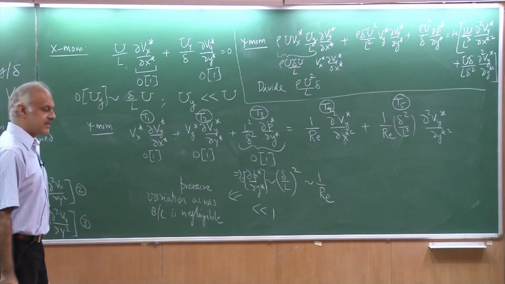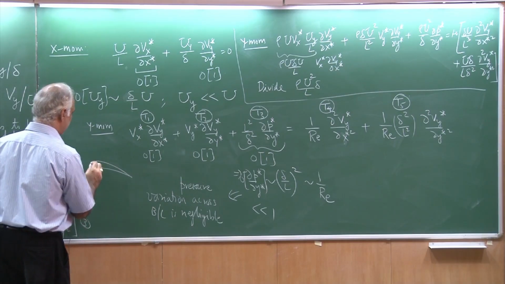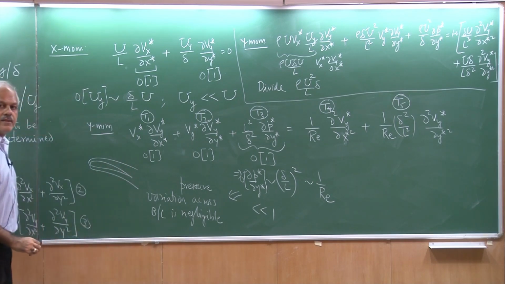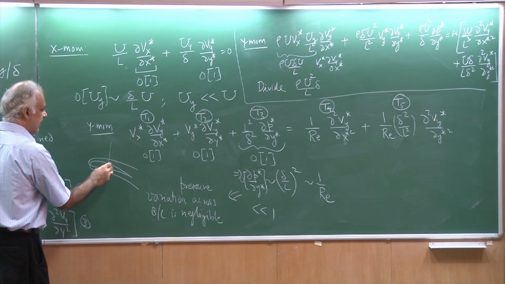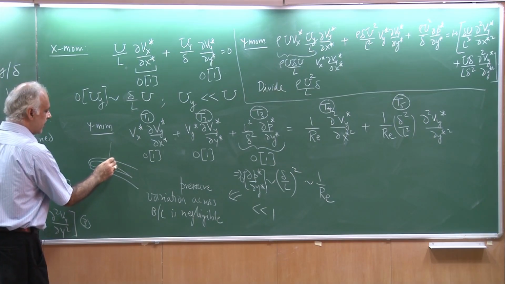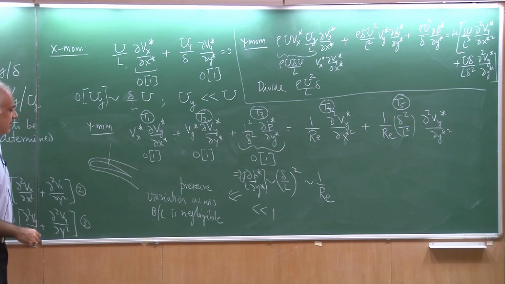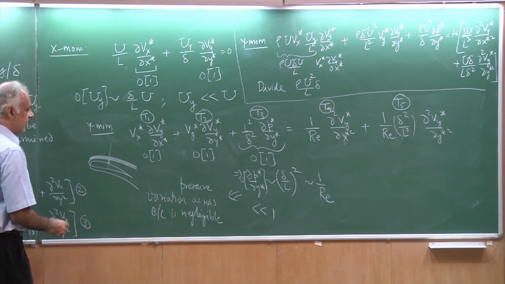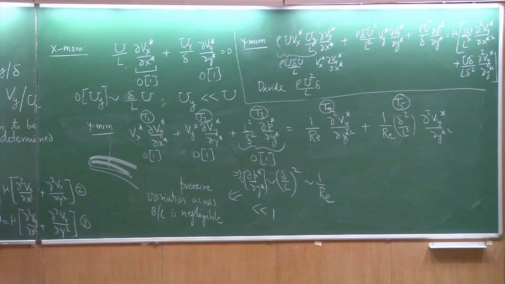That's very interesting. What it tells me is that if I have an airfoil and a boundary layer, then if I took a section here, the variation in the pressure across the boundary layer is negligible. So whatever pressure I feel at the edge of the boundary layer is going to be the pressure that I feel on the airfoil itself.